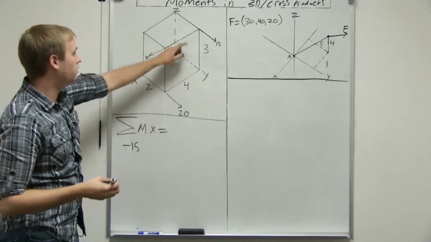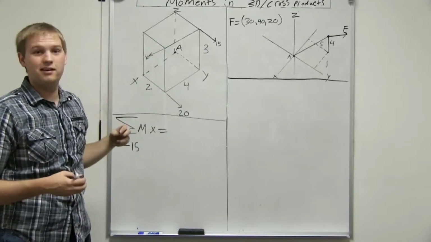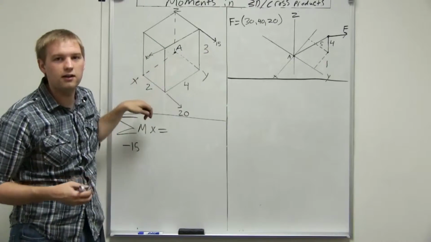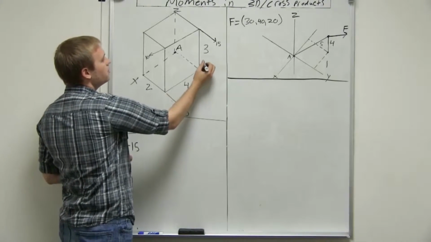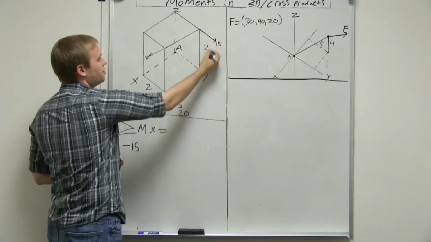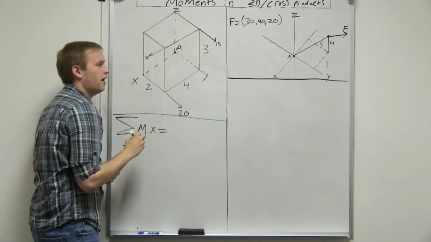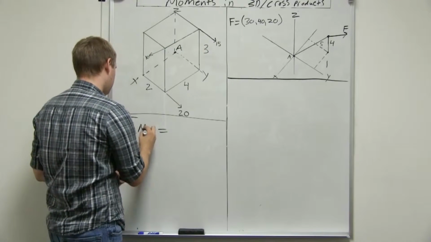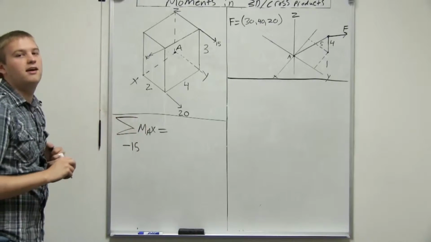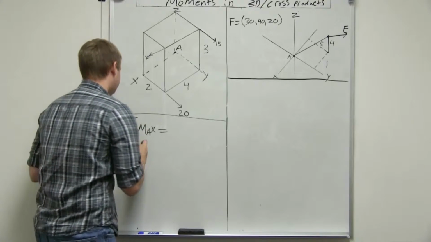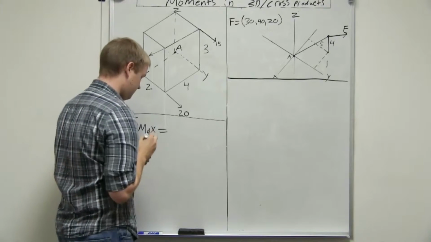Now this 2, well, that gets us to our point, right? But that distance is parallel to our force, so we're definitely not going to be using that one. The distance that we're going to be using here is this 3, because that will get us down to the x-axis, the point we're looking at. I'm going to make one distinction here: sum of the moments about point A about the x-axis. Okay, so we have negative 15 times 3.